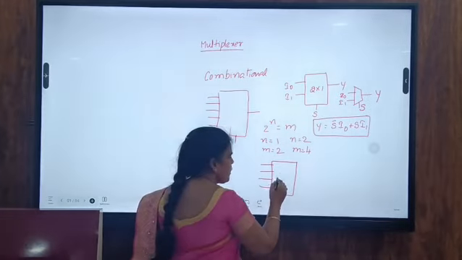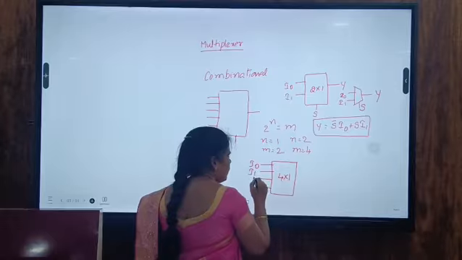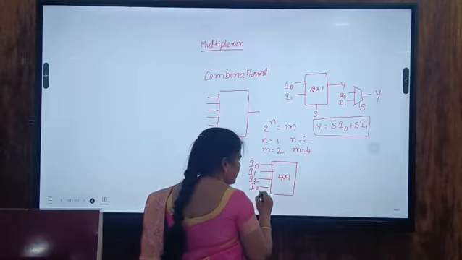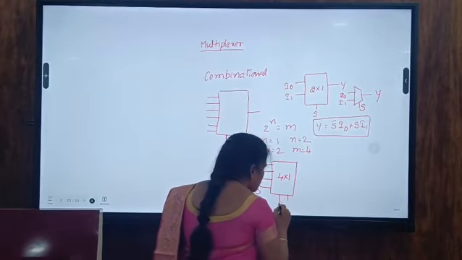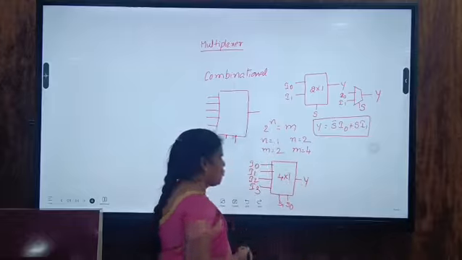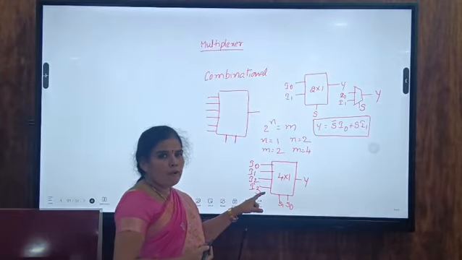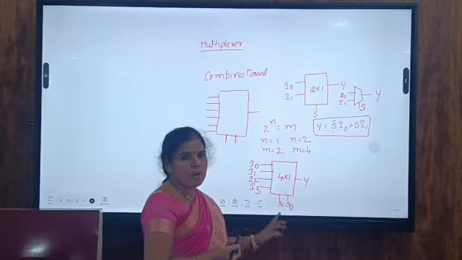a 4 by 1 mux has 4 input lines, that is I0, I1, I2 and I3, and the selection lines are 2, that is S1 and S0, and only one output line. So here there are 4 inputs and 2 selection lines. Now what is the expression for this one?